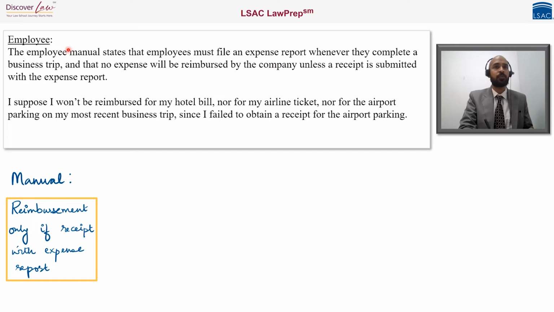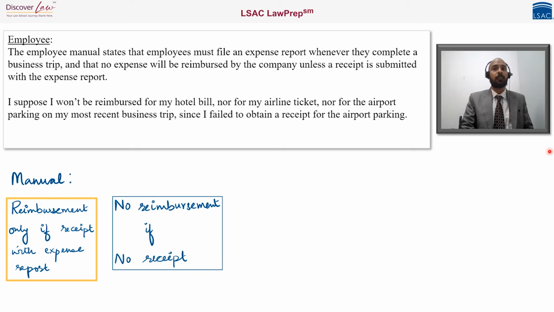The employee goes on to say, I won't be reimbursed for my hotel bill, nor for my airline ticket, nor for the airport parking on my most recent business trip, since I failed to obtain a receipt for the airport parking. Okay, so we understand this rule. The manual says no reimbursement if no receipt.